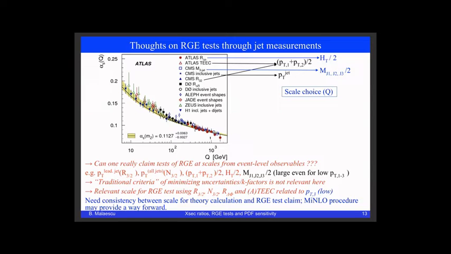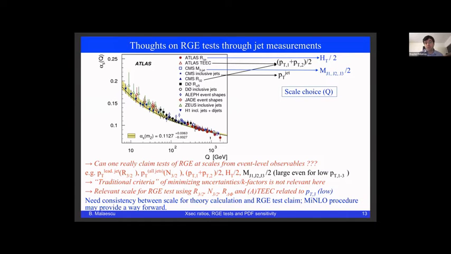Can you elaborate a bit more on this min-low procedure that you proposed? There are experts in the room who know this much better than me, but the basic idea, as I understand it, is that this procedure takes into account, when looking at the Feynman diagrams, the fact that different scales are involved when looking at different parts of that diagram.